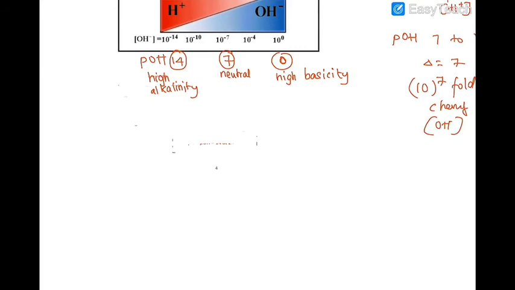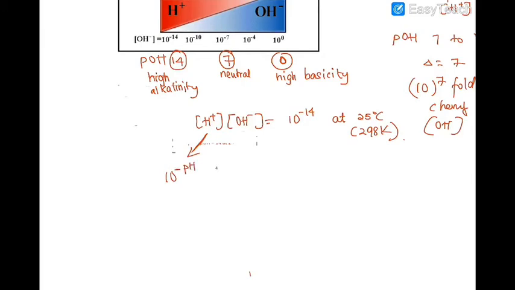Now, from the expression that we have just seen, where H plus times OH minus is equal to kW, that is 10 to the power of minus 14 at 25 degrees Celsius, that is 298 K. Now, H plus is also equal to 10 to the power of minus pH, and OH minus is also equal to 10 to the power of minus pOH.